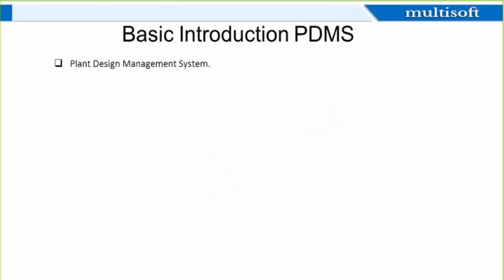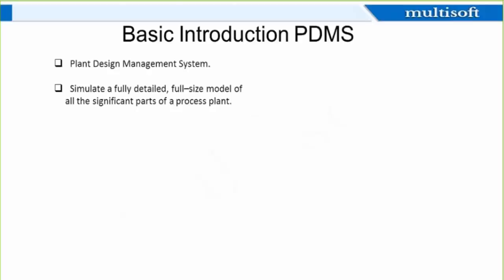Now, PDMS is widely known as plant design management system across the world and industries. PDMS is capable of simulating a fully detailed, full-size model of all significant parts of a plant.